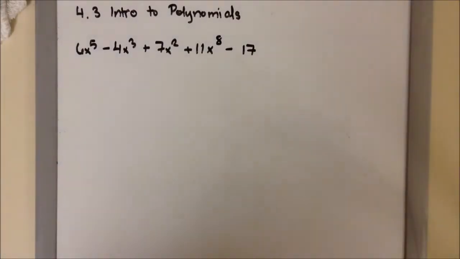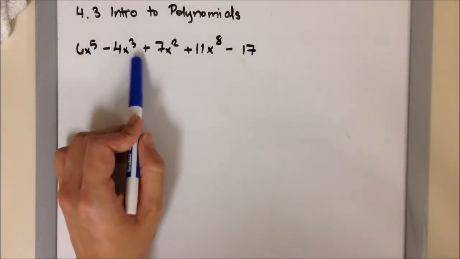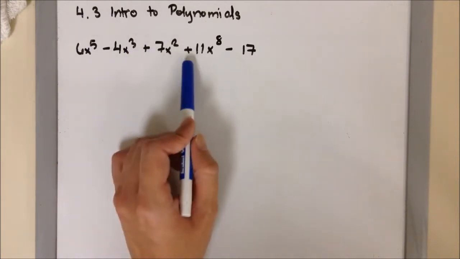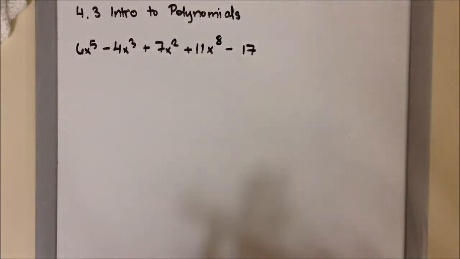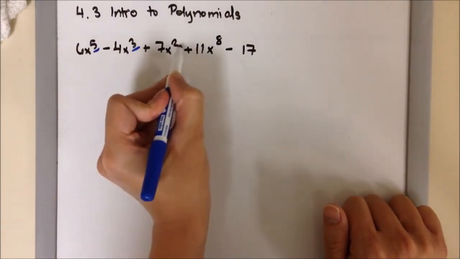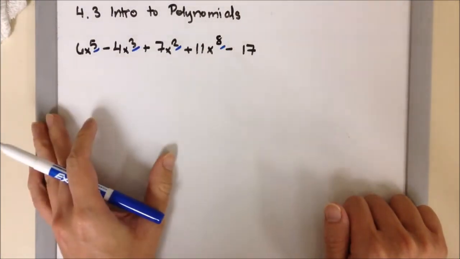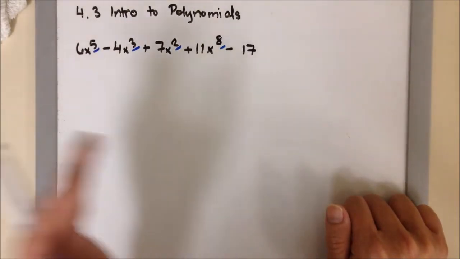In this example, we have an expression that has 6x to the fifth minus 4x to the third plus 7x squared plus 11x to the eighth minus 17. Now, typically, you may be asked to put the terms in order starting with the highest. If you look at the exponents that I am underlining, you want to start with the highest, and it goes in descending order from highest to lowest.